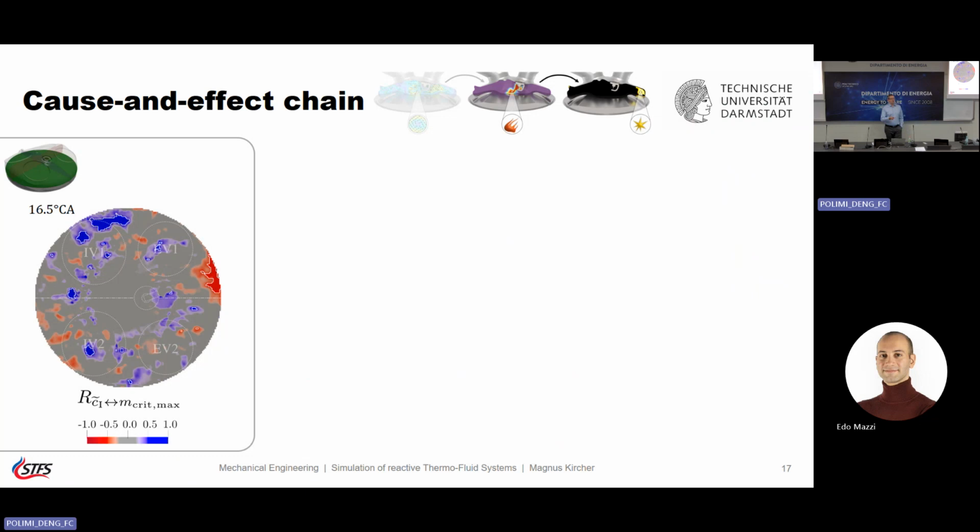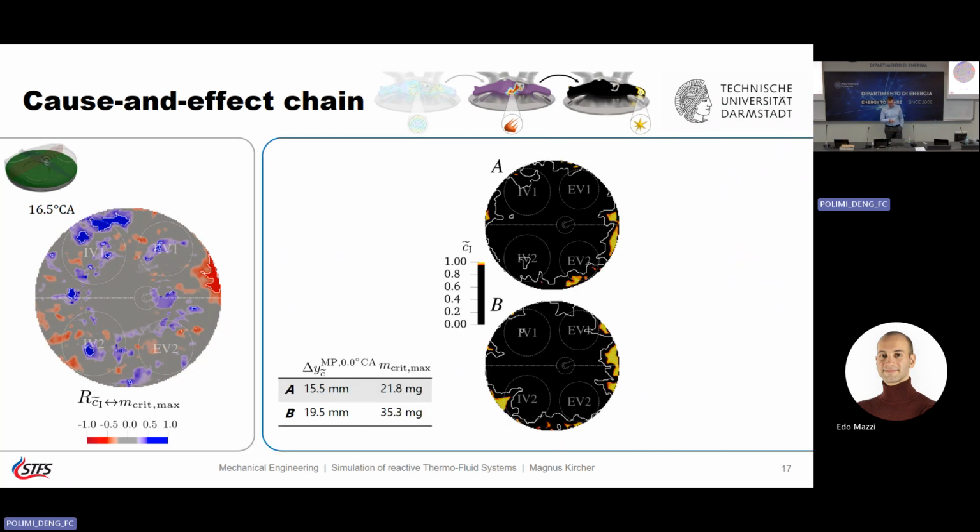With the help of this local correlation analysis, I compared two realizations of my LES to figure out what is happening here. These two LES realizations show a really similar global combustion progress, and they mainly differ in the two features we discussed before: the early flame width and the critical mass.